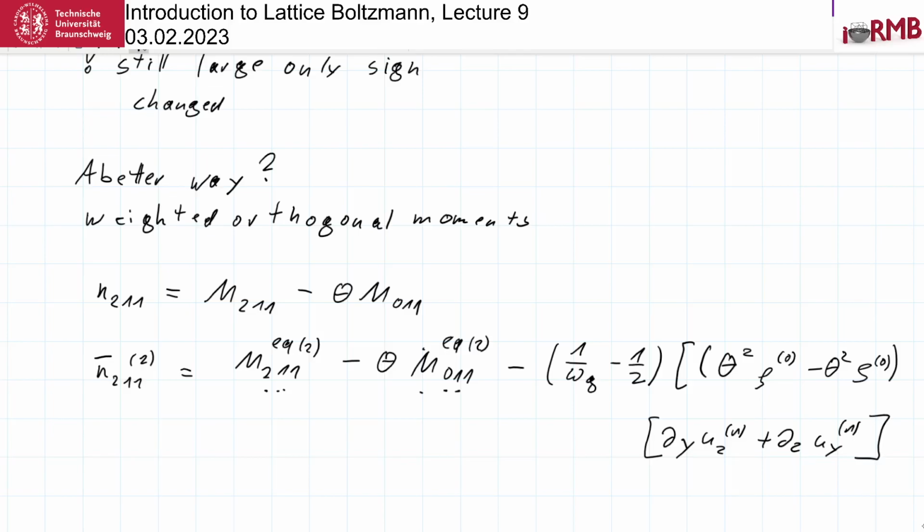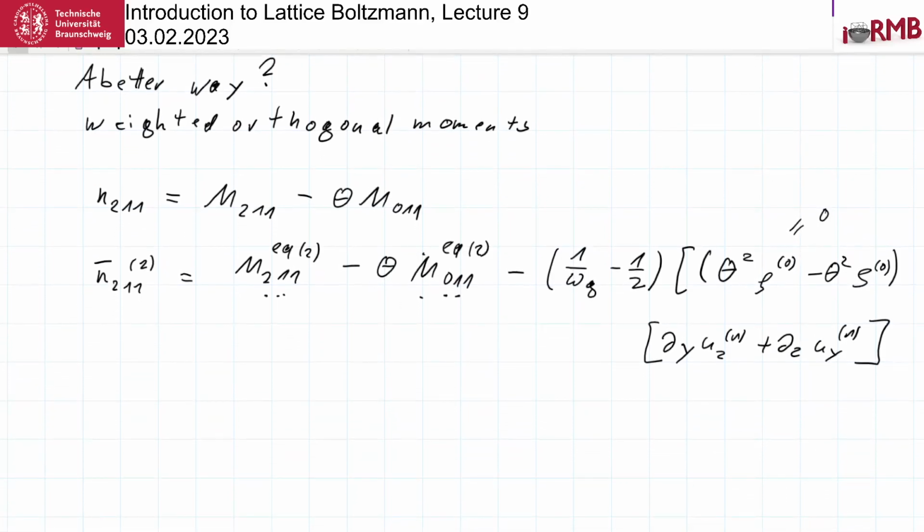Because this guy gives you 0, what we end up with is, so this guy itself gives you 0, but what would it mean? Is it meaningful that this guy disappears? So what actually happens to the moment M211 to second order itself? Because this is M211 equilibrium 211, no, sorry.